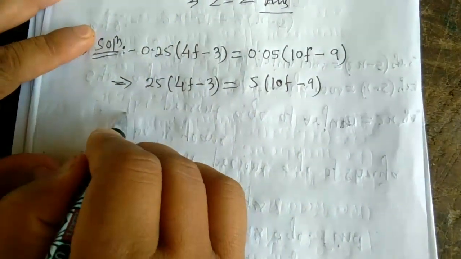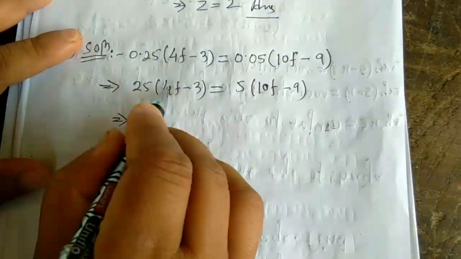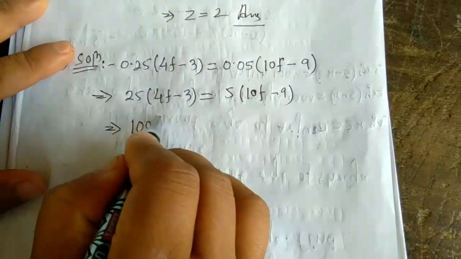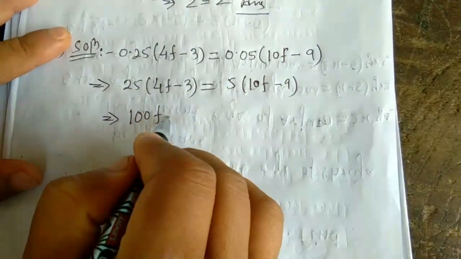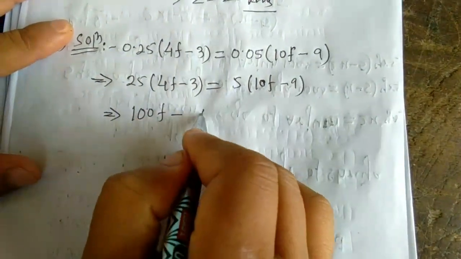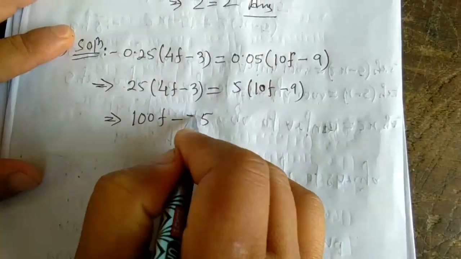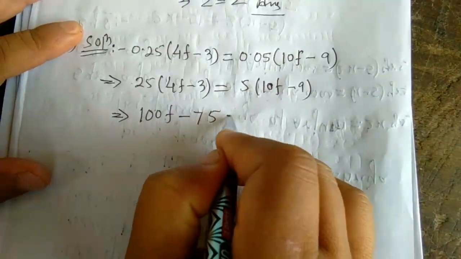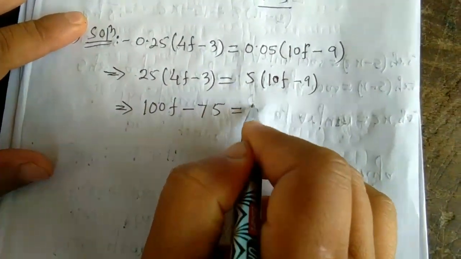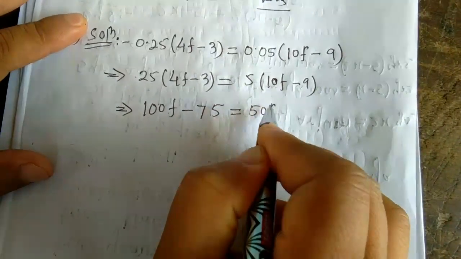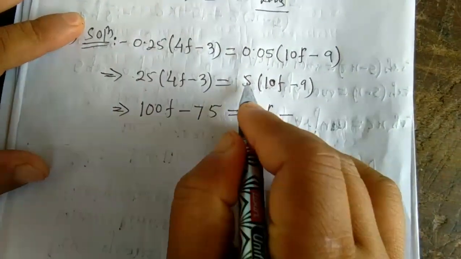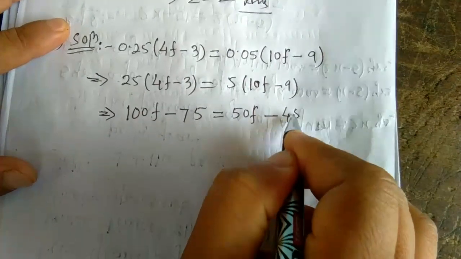Okay, then you multiply: 25 fours are 100f; plus into minus, minus 3 fives are 15, 3 twos are 6, plus 1 is 7, so 75; equal to 5 tens are 50f; plus into minus, minus 5 nines are 45.